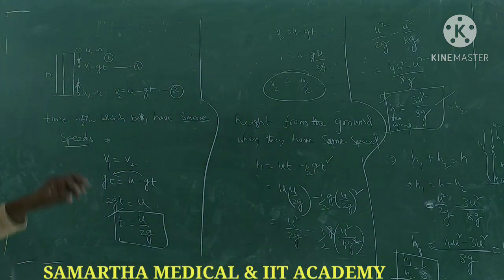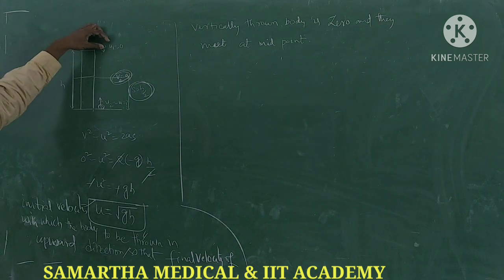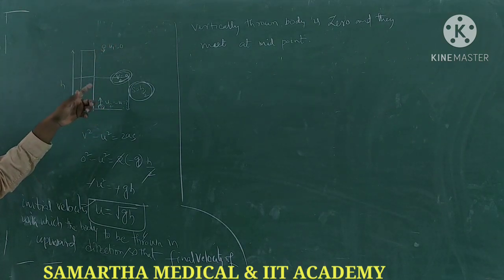So see here, different conditions you are seeing. Once again I am repeating. A freely falling body has u1 equal to 0, and the vertically projected body has u2 equal to u in the upward direction.